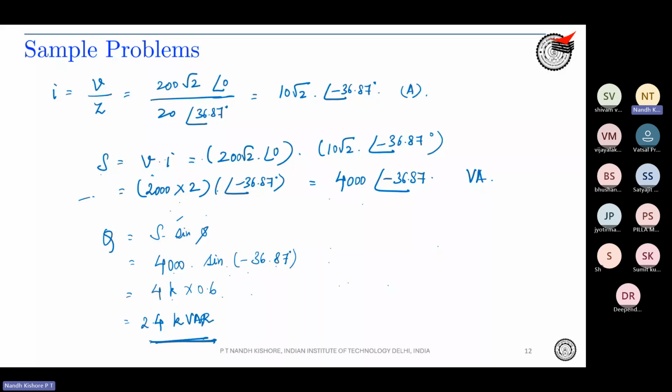For addition and subtraction, go with rectangular form, a plus jb, whereas for multiplication or division, go with polar, magnitude angle theta.